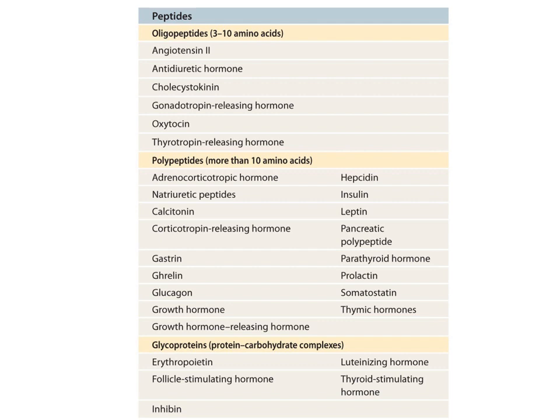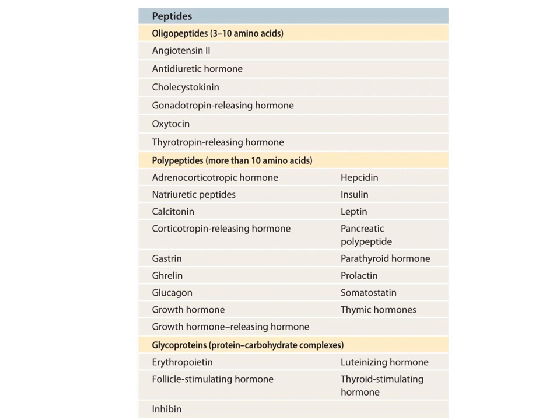Now, peptide hormones are chains of amino acids. The oligopeptides, which are roughly 3 to 10 amino acids long, include things like angiotensin II and antidiuretic hormone. You then have polypeptides, which are more than 10 amino acids in size, such as calcitonin and glucagon and prolactin.